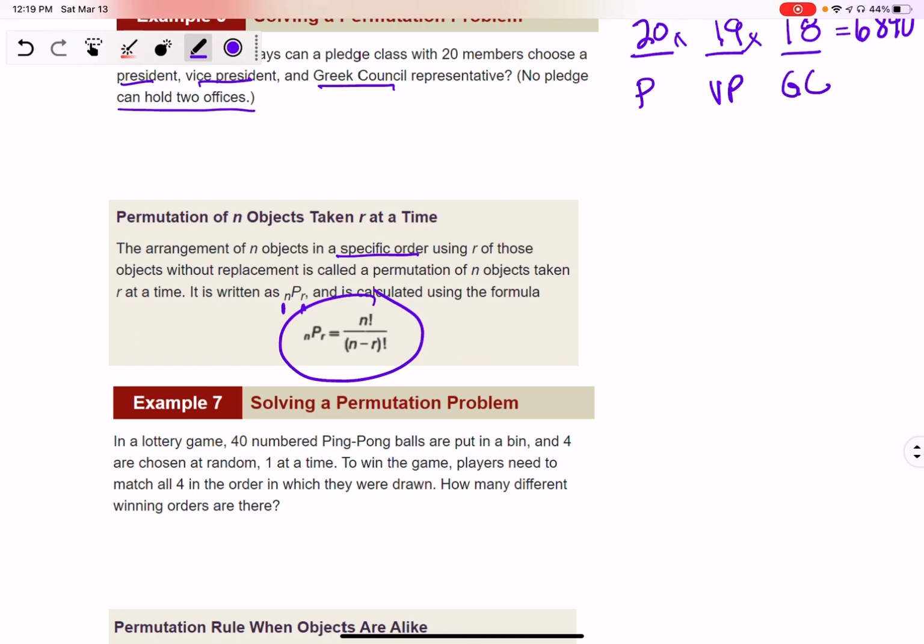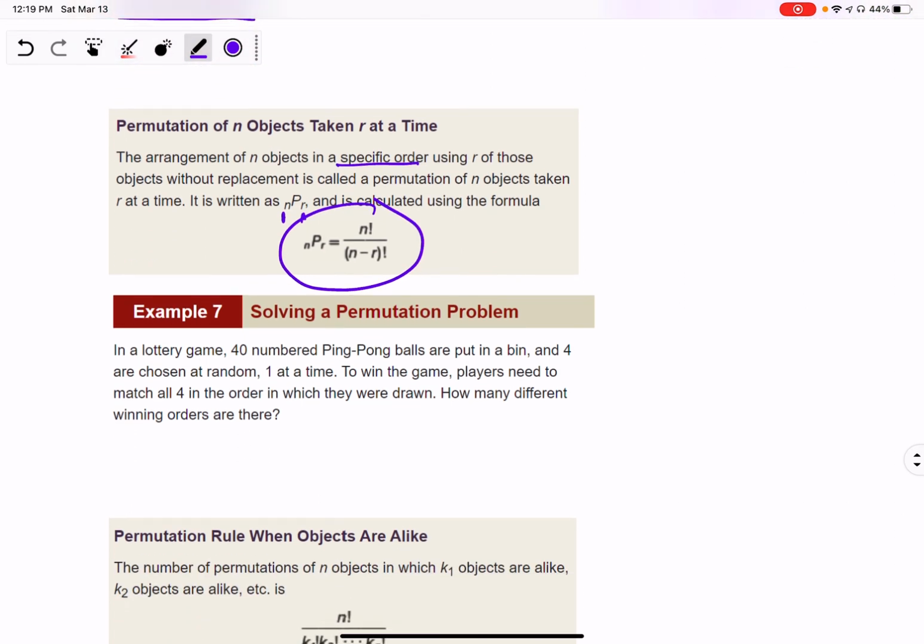Okay. All right, so write that formula down, highlight it. We're going to use it a lot. And I'll show you how it makes sense. n is the number of objects, and let's write that down. And r is how many are taken at a time.